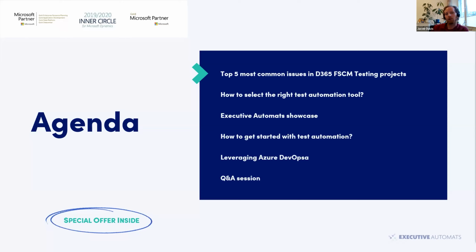Then we'll talk a little bit about how to get started with test automation, because we know that many companies are still doing testing manually, and it's important to know some of the things you need to do to get started when you move into automation. And of course, finally, always a hot topic is how to leverage Azure DevOps with your testing projects. At the end, as I mentioned, we'll try to save 5-10 minutes for a Q&A session, so we can make sure to cover everything that we may have missed during the webinar.